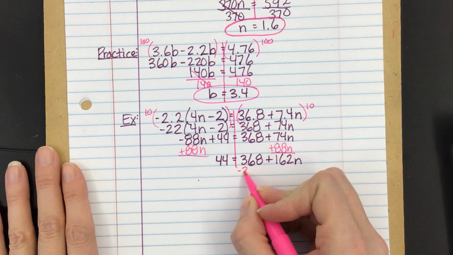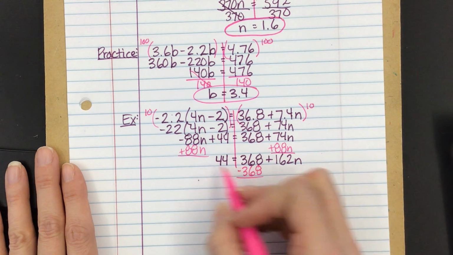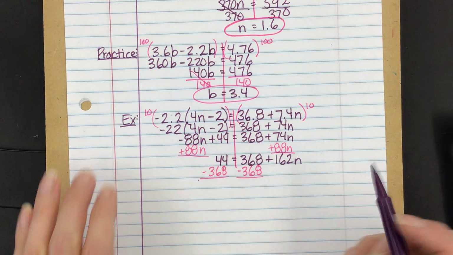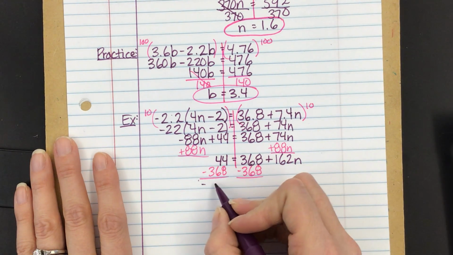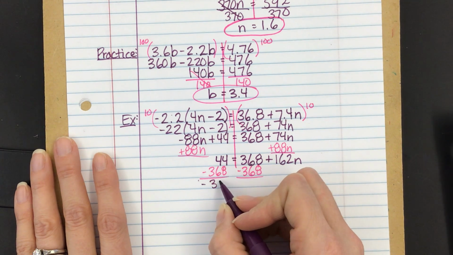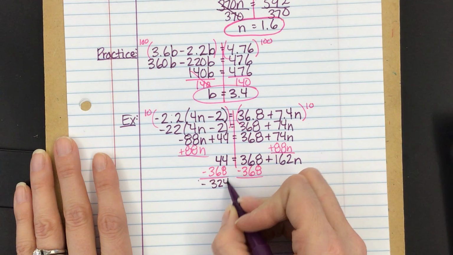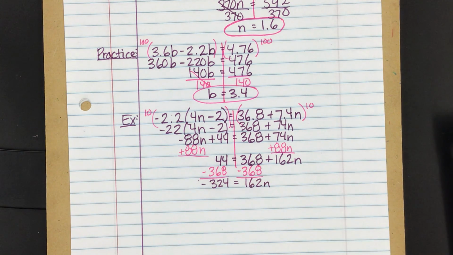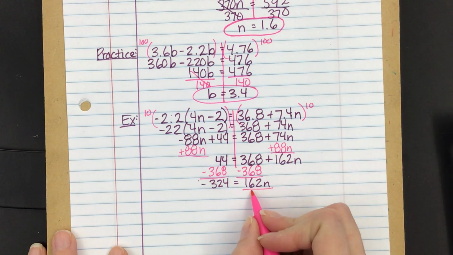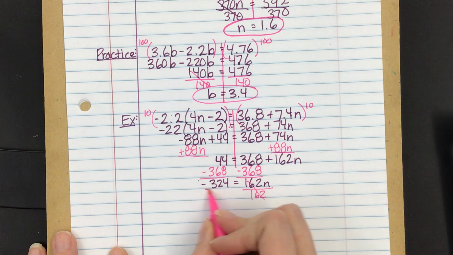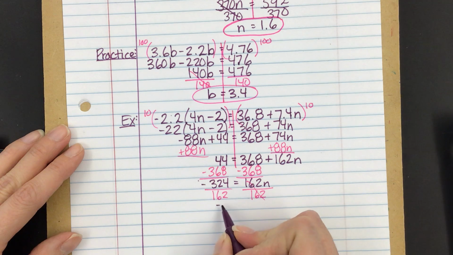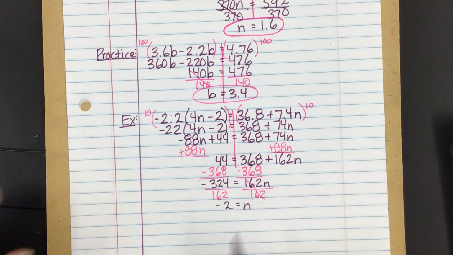I'm going to subtract 368 from both sides. I'm left with negative 324 is equal to 162n. And I believe that when I divide this, I just get a negative 2. So negative 2 is equal to n.